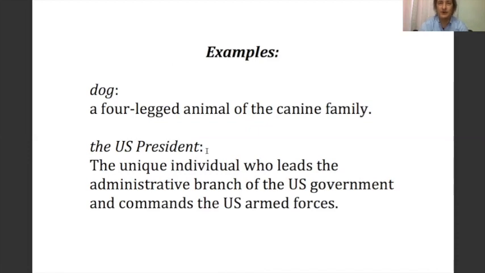So for the word dog, we might have something like a four-legged animal of the canine family. Now, individual words you can look up in a dictionary. Larger expressions you can't, but larger expressions too have senses. So the US president might have something like the unique individual who leads the administrative branch of the US government and commands the US armed forces, or something to those effects.